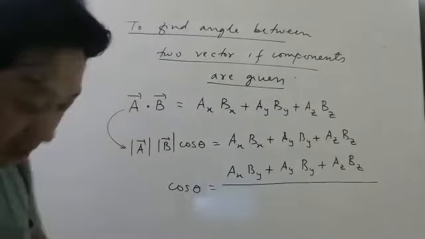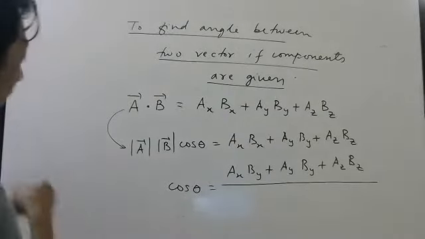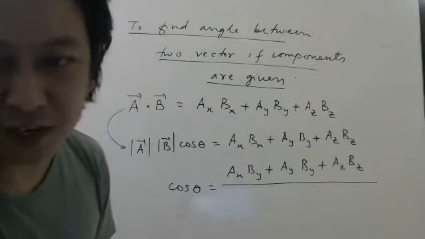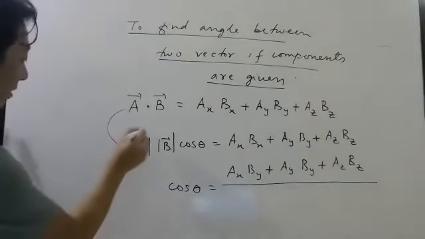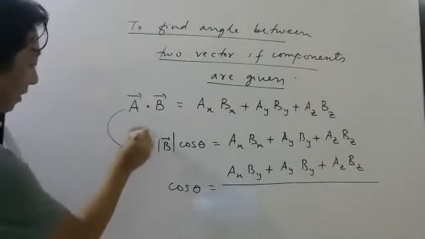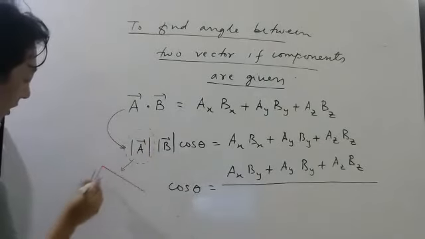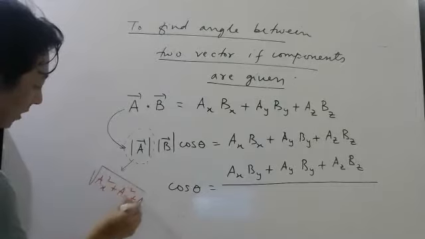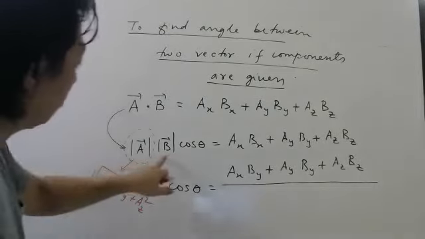Now, does anybody remember how to find the magnitude of a vector if you know the components? Don't write, I know it is difficult to write. Root over AX square plus AY square plus AZ square, right? Same thing you can do for B bar.